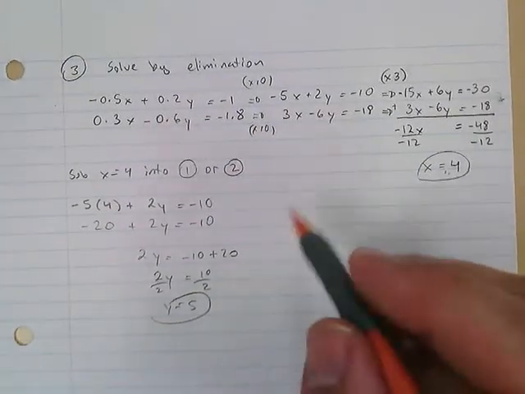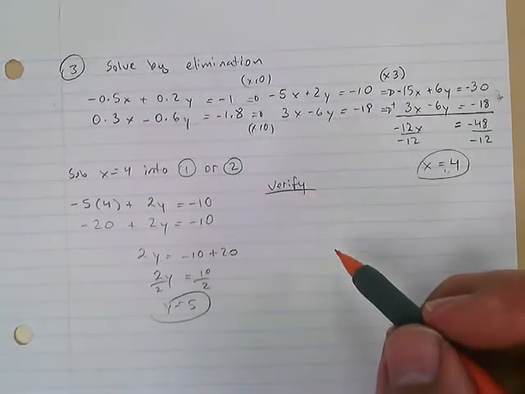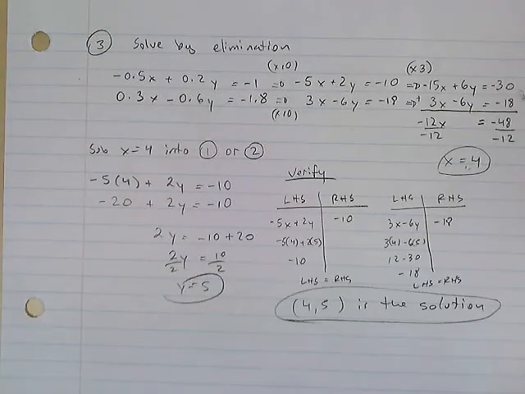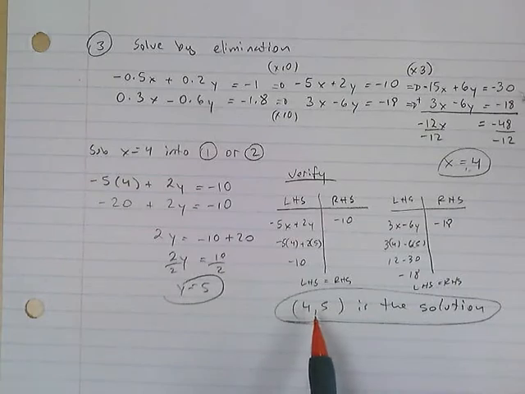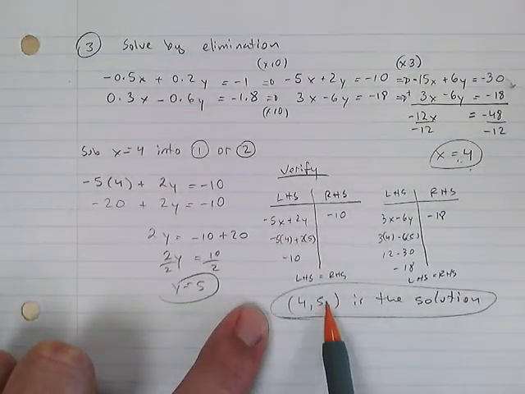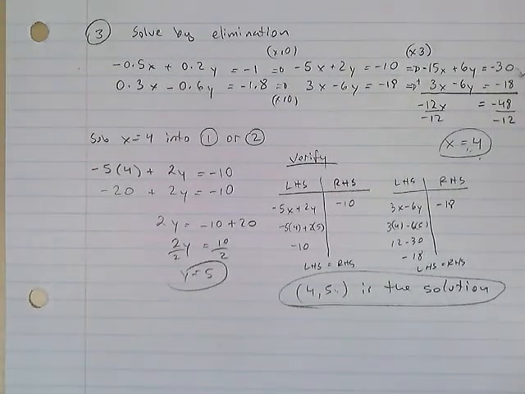Okay, so you would have to verify. If I ask you to verify, it's very easy to do. It's quick. I'm going to pause it, do it, and then keep going. So make sure after you verified that you state this as a point. Okay, that is the solution. That's the point of intersection of these two lines.